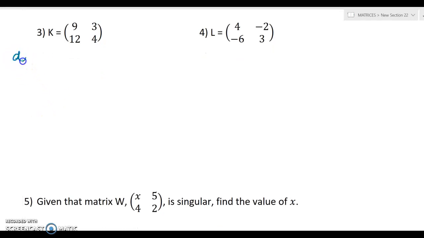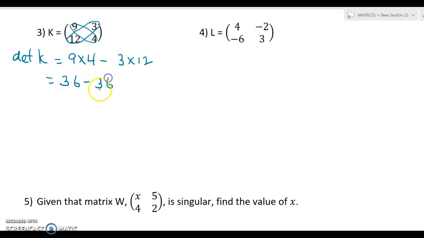Alright, so the determinant of K would be 9 by 4 take away 3 by 12. So that's 36, take away 36, which is 0. So therefore, matrix K is singular.